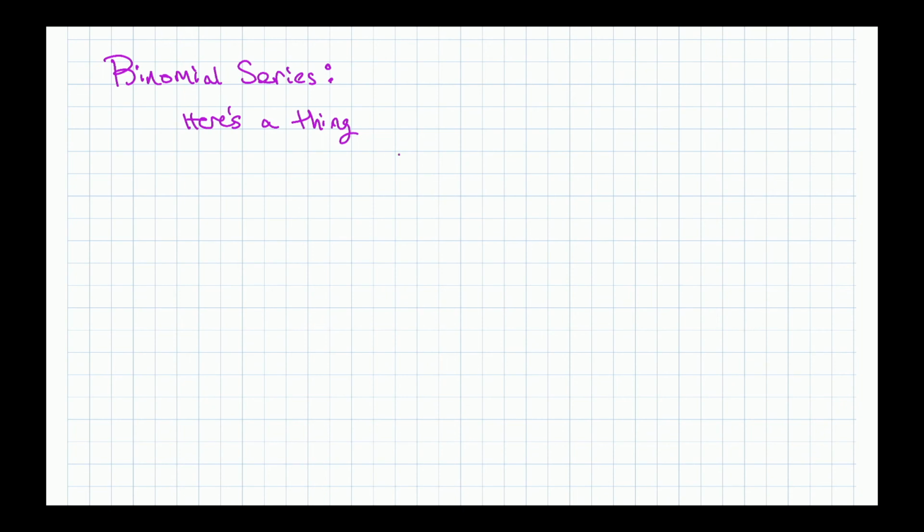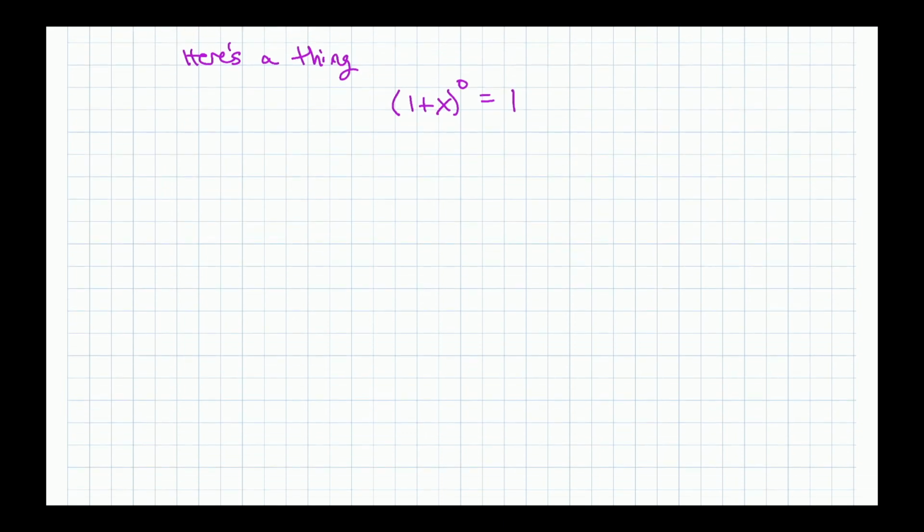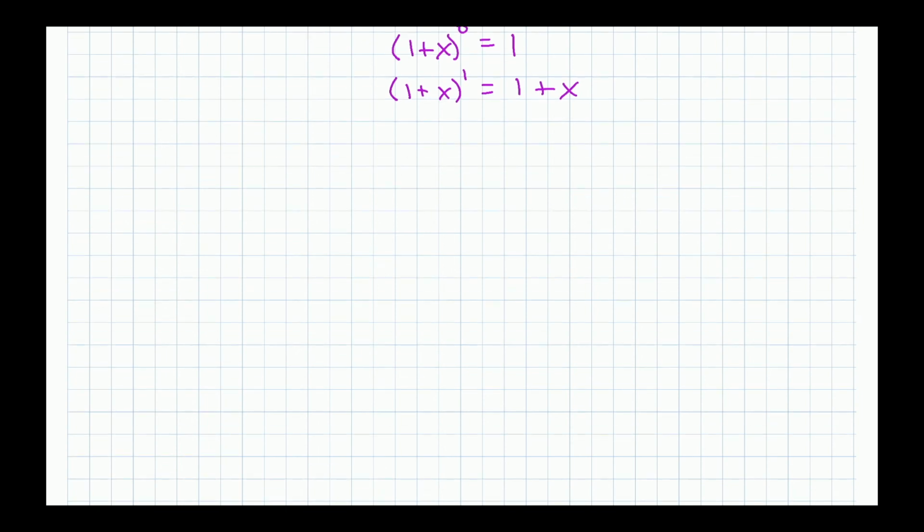If I take 1 plus x to the 0, that's 1. Anything to the 0 is 1. If I do 1 plus x to the 1, that's 1 plus x. If I do 1 plus x to the 2, if you multiply it out, 1 plus 2x plus x squared.